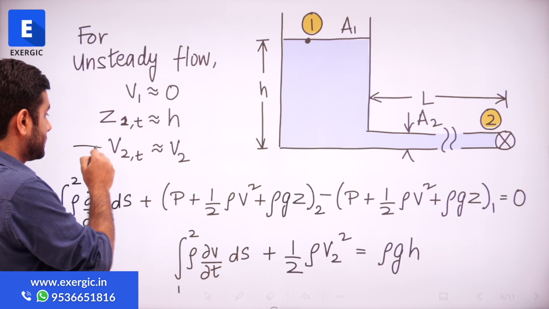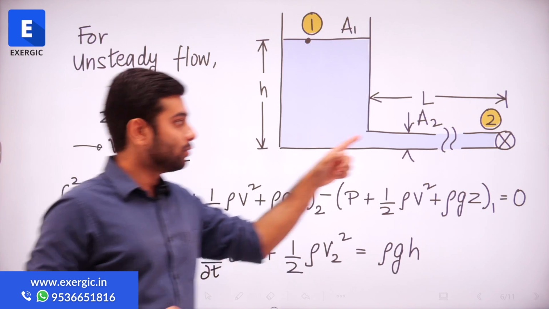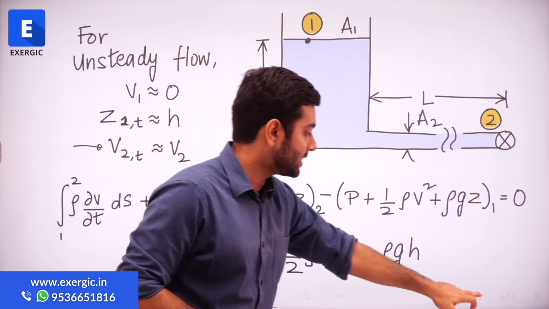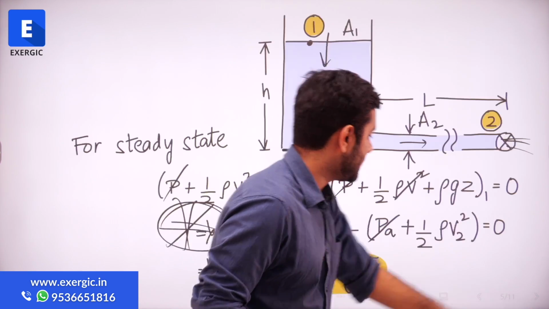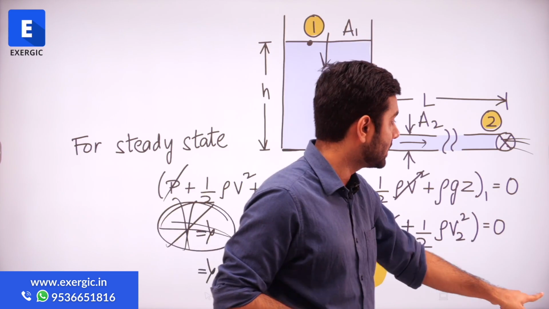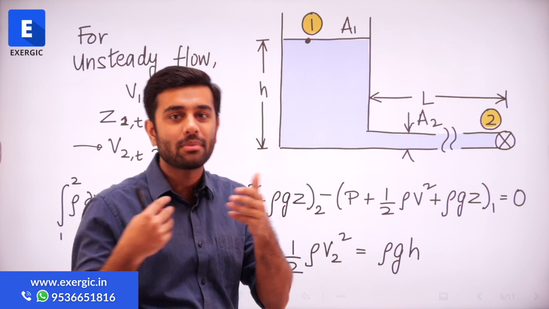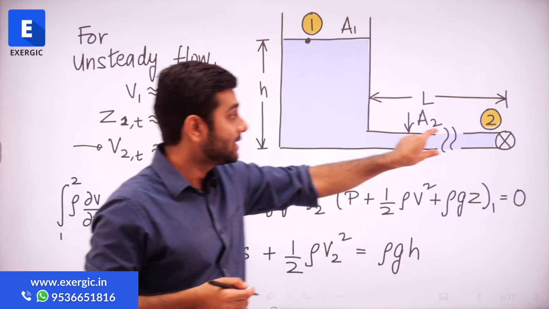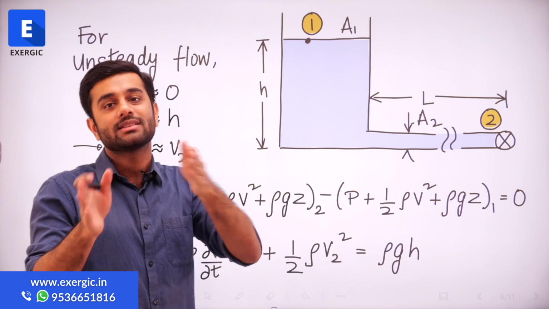Similarly, this one is interesting. Velocity at point 2, will it be constant? No. In the case of steady flow, it was definitely a constant number, but here V2 cannot be constant. It is a transient flow, the flow is establishing. But within the pipe, that velocity will remain the same.